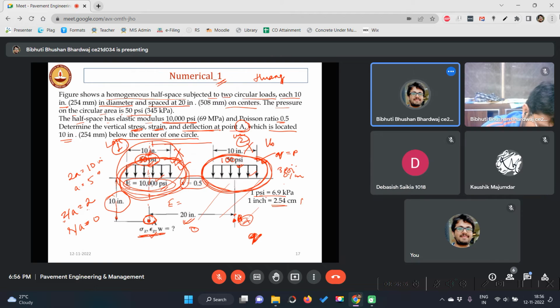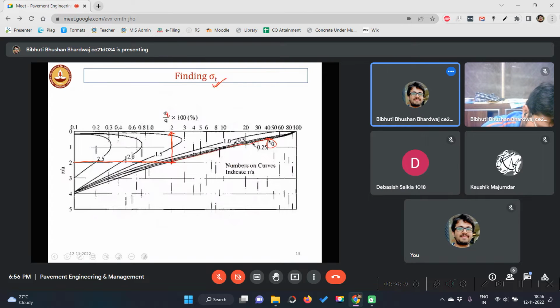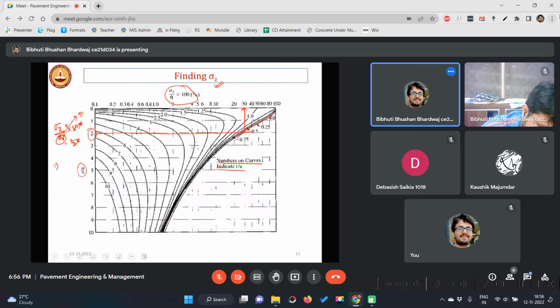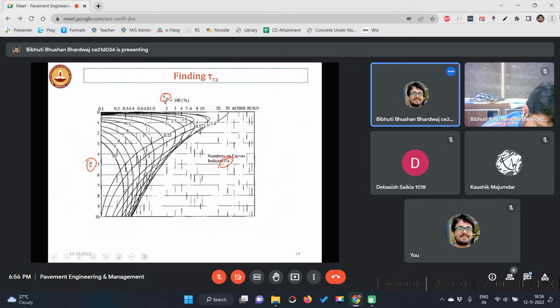What will be tau RZ? Sir, I can't find a 0 line here. It's not given, 0 is not there. One second. Checking.